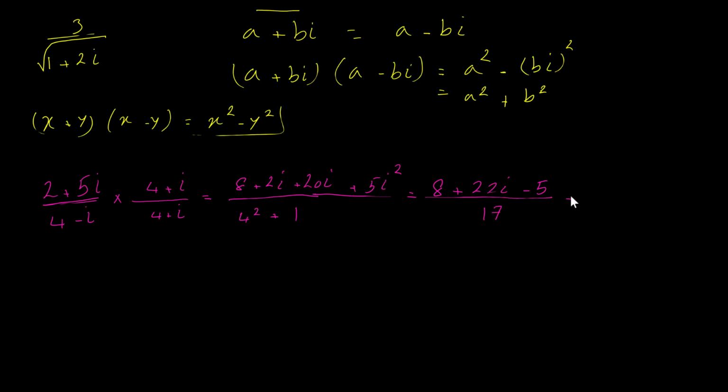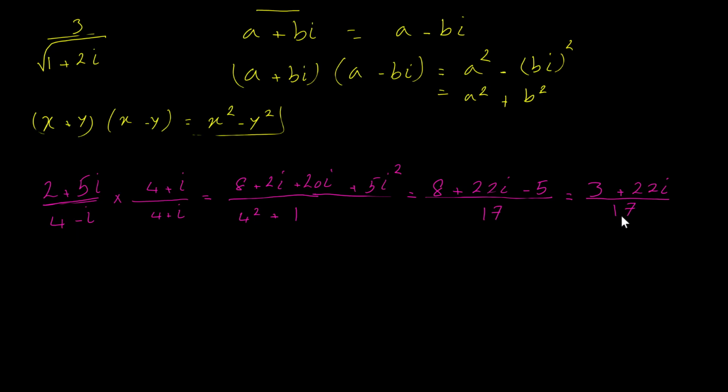Now we can further simplify this. 8 minus 5 gives us 3 plus 22i divided by 17. So this is the answer; we got rid of the complex value in the denominator.